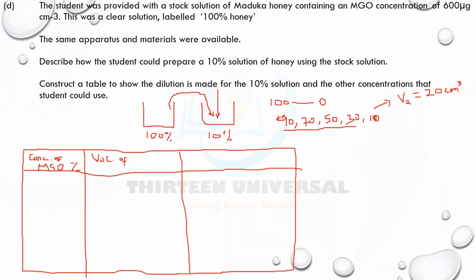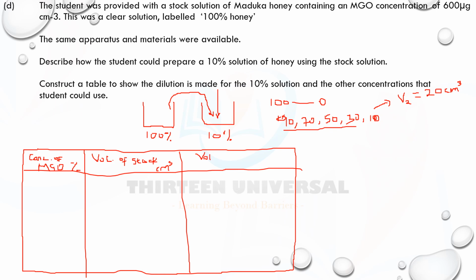Okay, so this is a simple dilution table. Volume of stock, and do you know what unit volume is measured in? Of course, it is cm cube. Put it in bracket. And this is volume of nutrient solution, the one you're using to dilute.